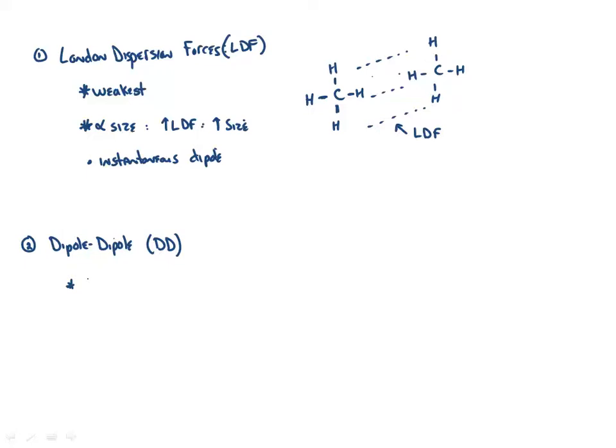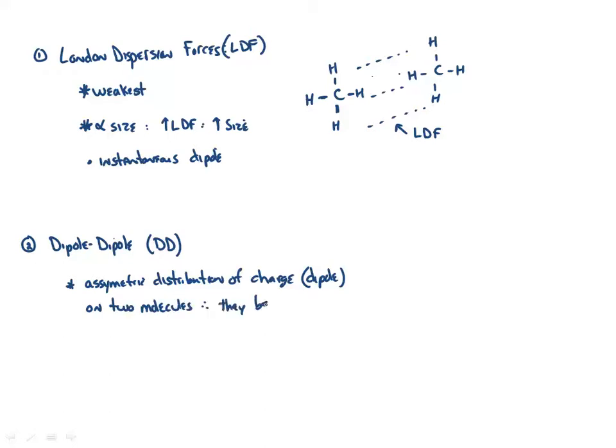So the idea is that we have an asymmetric distribution of charge. And remember, that's what we call a dipole on two molecules. Therefore, they behave like magnets.